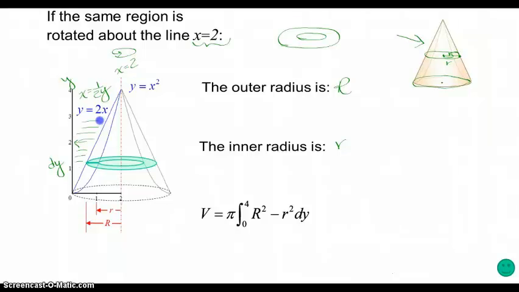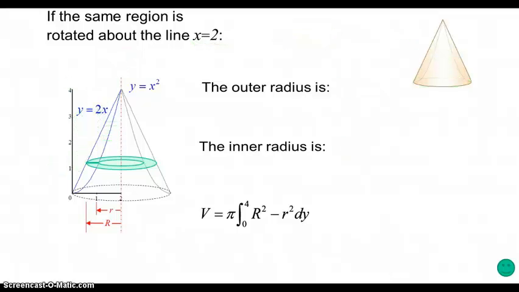So if I want to take x equals 1/2 y and swing that around a vertical axis, then this is the region. If I just write that, this is the region that I'm talking about. And you can clearly see that's not the region that's being swung. It's this region right here. Here's the region that's being swung. So be very careful about how you find little r and big R when you're swinging around a non-axis line.